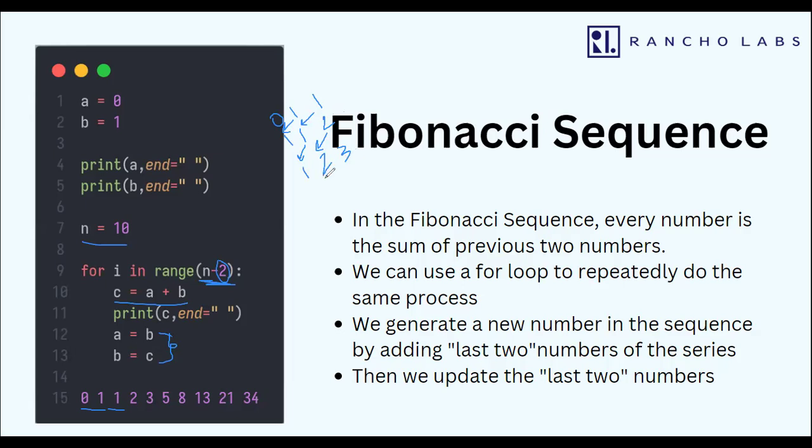To get the next element, 2 has to come first and 3 second, so we'll get 5. So here we are swapping the numbers: a equals b, b equals c. We are not exactly swapping, we are just assigning the numbers, changing the values, so that we get the Fibonacci series.